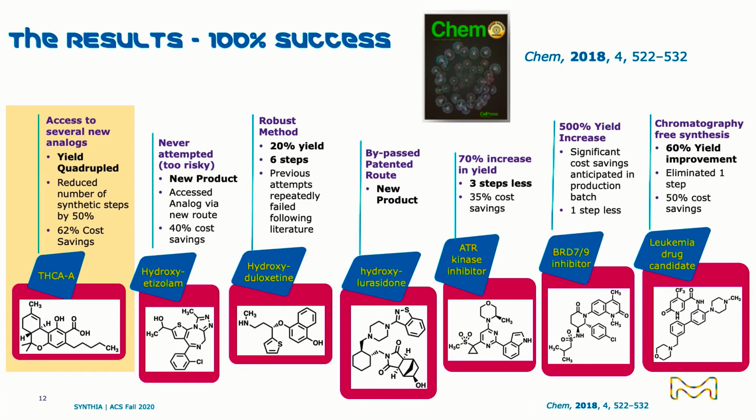With the help of Synthia, we were able to cut the number of steps in half, quadrupling the yield and synthesizing higher quantities than we had ever been able to access, ultimately creating a 62% cost savings on the product. This was so impactful that this was in fact the only molecule that we did not end up publishing with our results in Chem in 2018. We retained this more efficient route as trade secret.